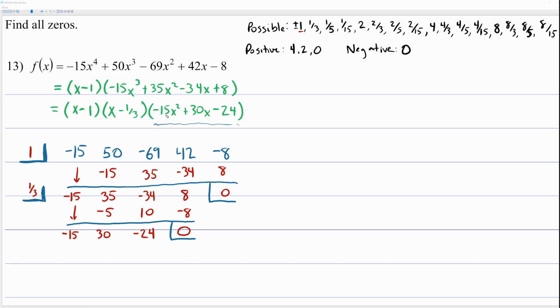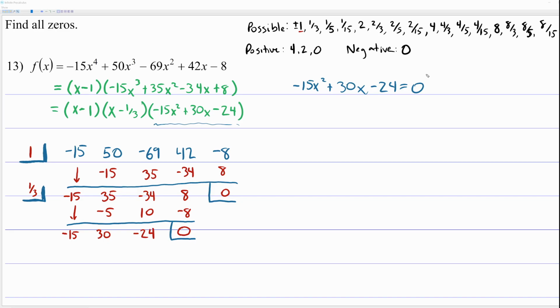So now we're going to take this quadratic factor, and we want to find out what zeros it gives us. So let's take that factor, and let's set it equal to 0. -15x squared plus 30x minus 24 equals 0.